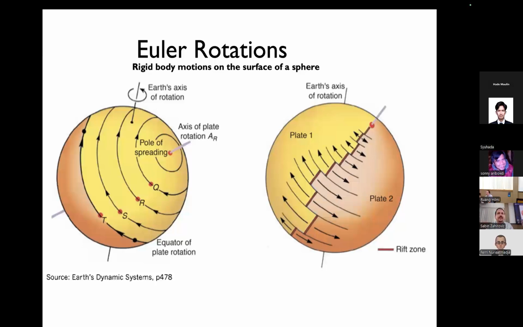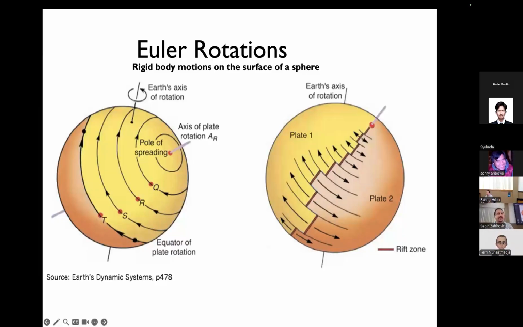It's quantitatively describing the motion of rigid bodies on the surface of a sphere. And you can describe that motion using what we call Euler rotations. And that Euler rotation is defined by the longitude and latitude of the axis of rotation, okay? And then the angle of rotation is the magnitude, the speed of that motion.